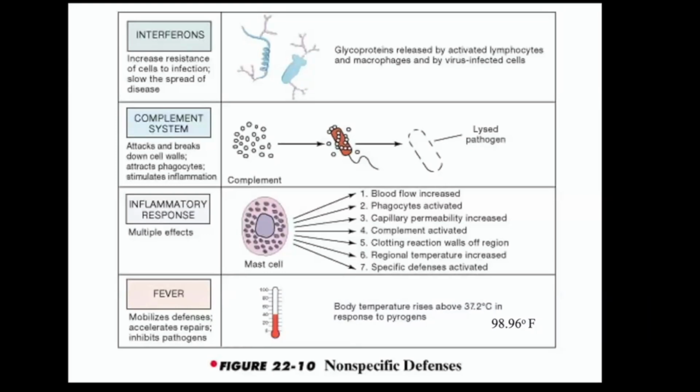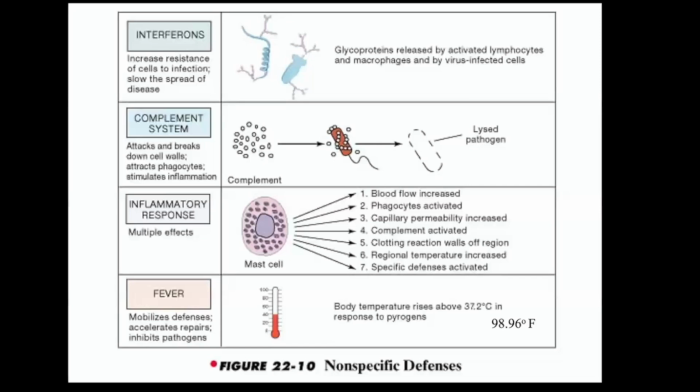Complement system, I'm going to mention that again, but this is complement. What it does is it surrounds a pathogen and kills it and breaks it down. Complement also attracts other white blood cells. And then last but not least on this page is fever. Fever is really important in the inflammation response and healing.